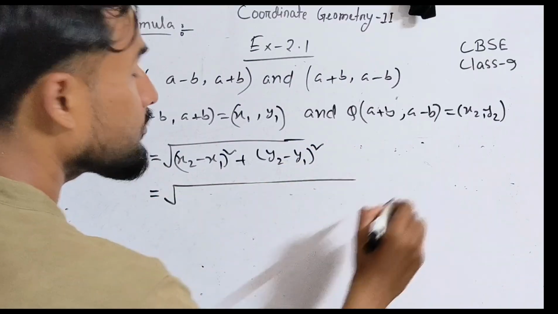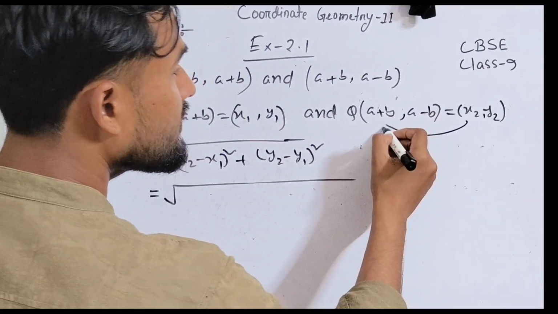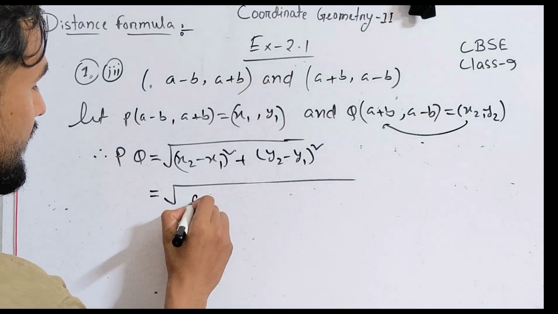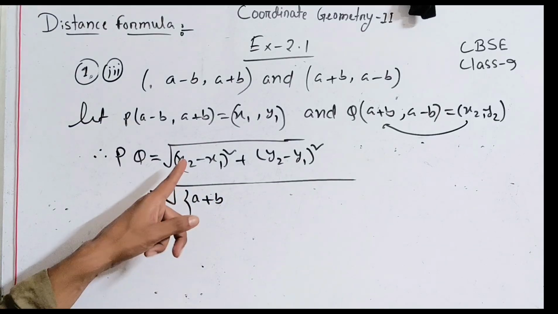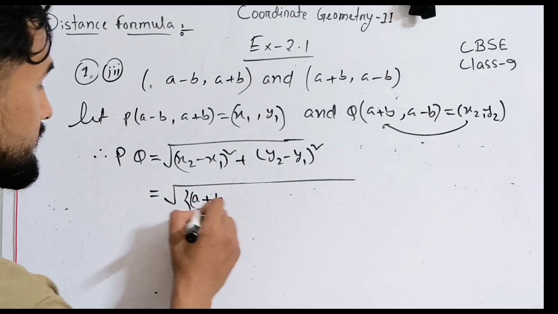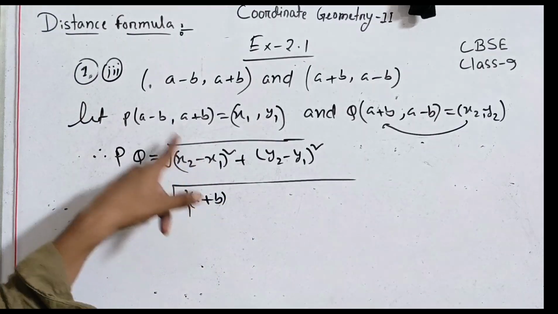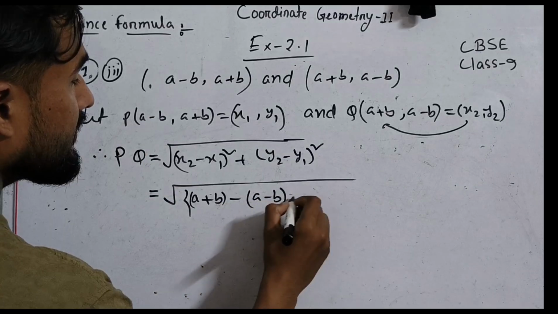Let's put the values. What is the value of x2? The value of x2 is a plus b. Now let's put the value of x1. The value of x1 is a minus b.